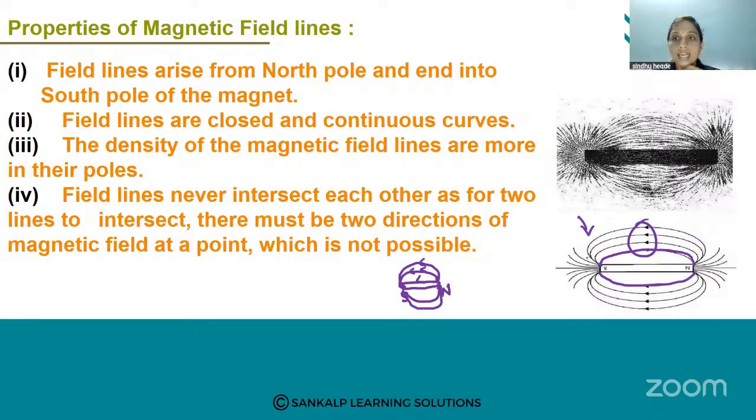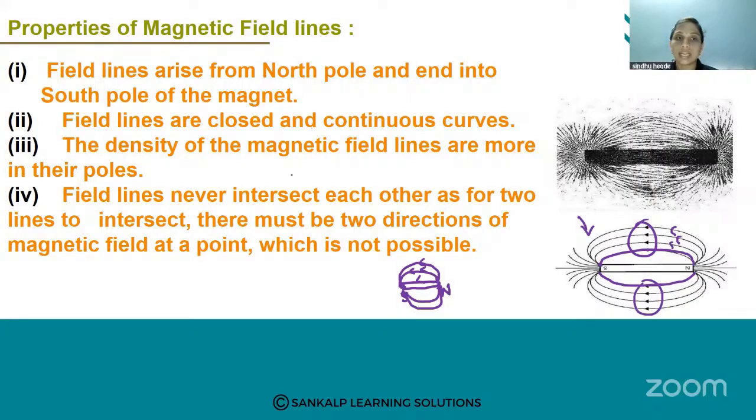Or we can write like this also, that magnetic field lines emerge from north and merge in the south pole. That's why the direction is like this. We can show the direction from north to south. Here also it shows from north to south. This is the first property.